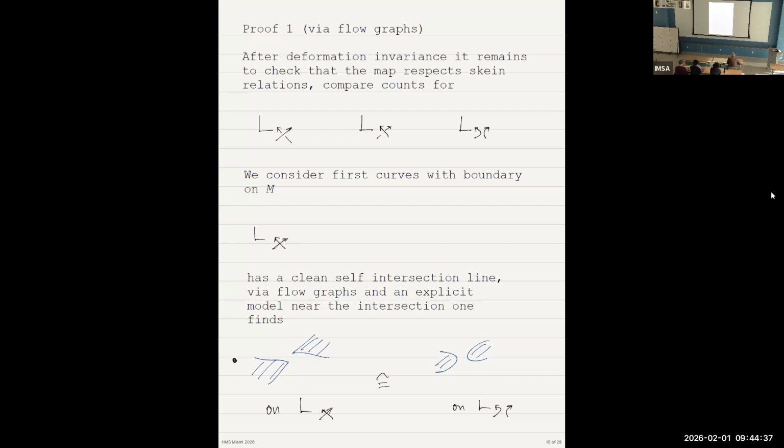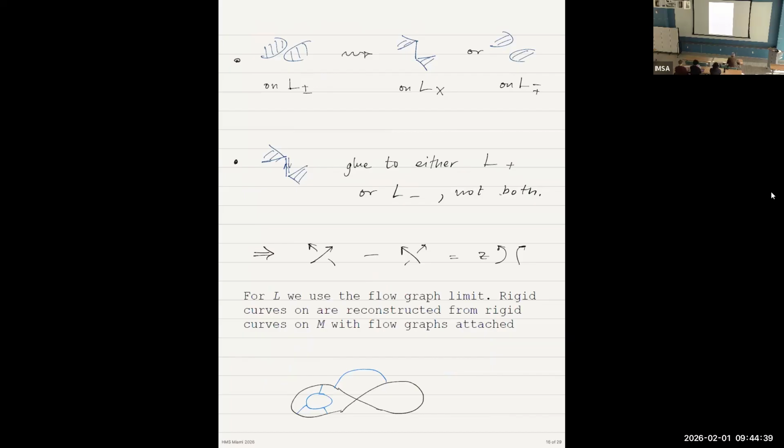And now there's no L, it's just in M first. And then we look at this L plus and minus, and we look at the curves that form on them. And when we degenerate them to this immersed one, there are two possible fates.